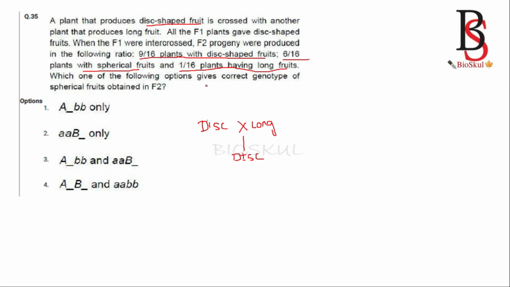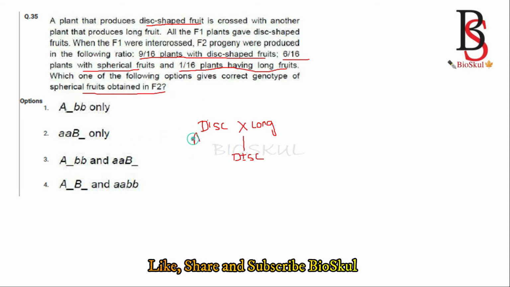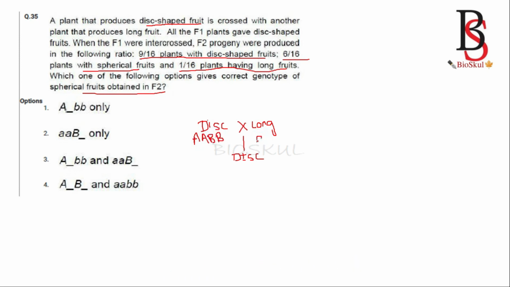Which one of the following options gives the correct genotype of the spherical fruit obtained in F2? So it is all about the dihybrid cross, and let's take this one as capital A capital A, capital B capital B, which is the dominant character, and that represents the small a small a, small b small b, and after crossing it will form capital A small a, capital B small b.